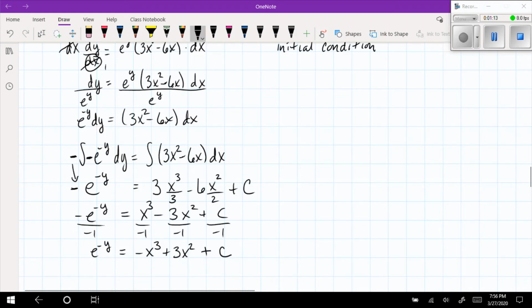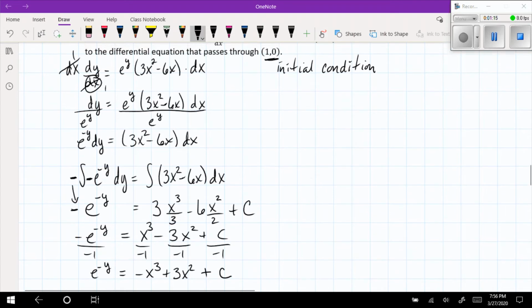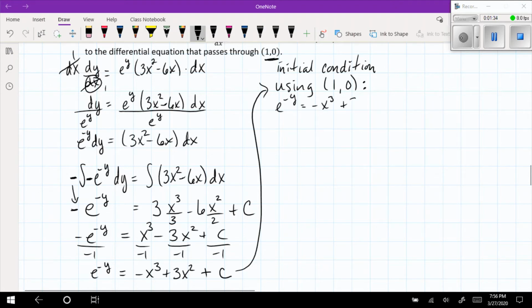All right, well, let's take this now and bring it back up with the initial condition. So I'm going to bring this up here, and I'm going to say using that initial condition, which is the point 1, 0. Let me copy my equation. I have e to the negative y is equal to negative x cubed plus 3x squared plus c.